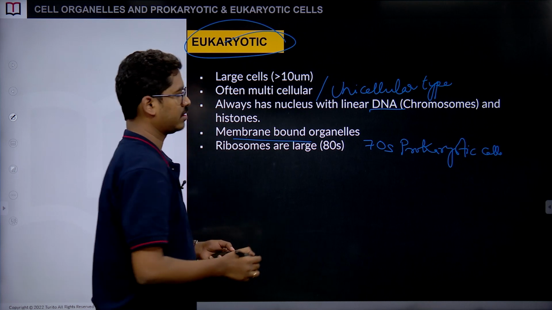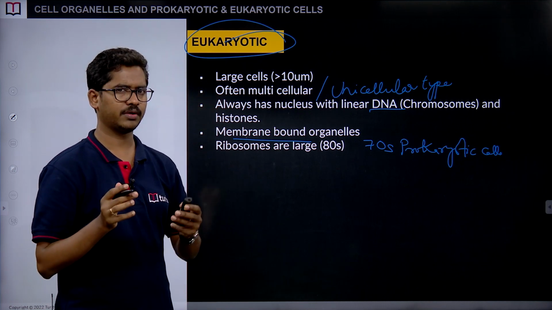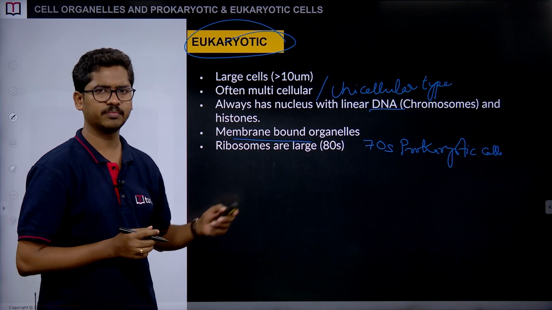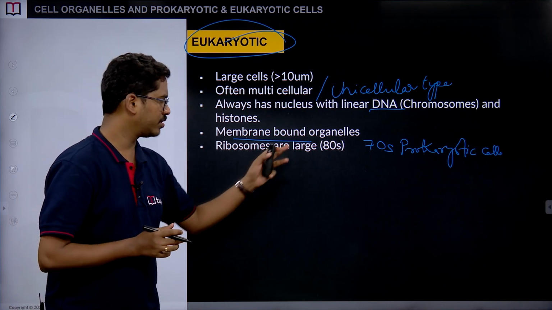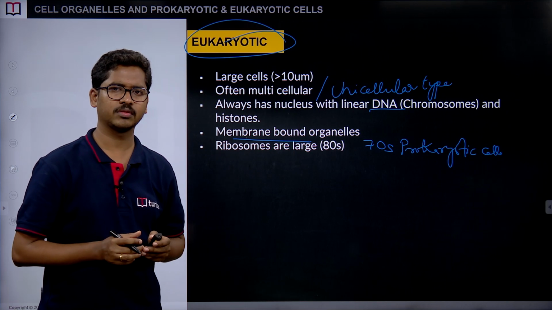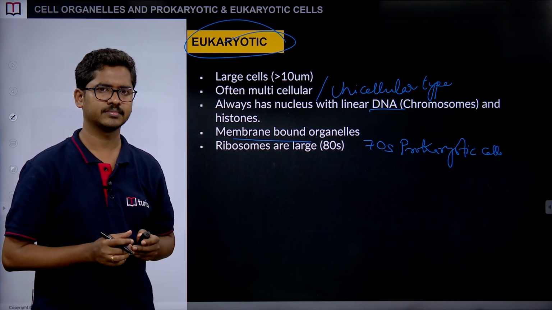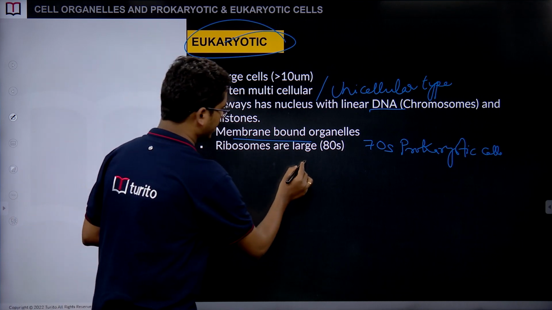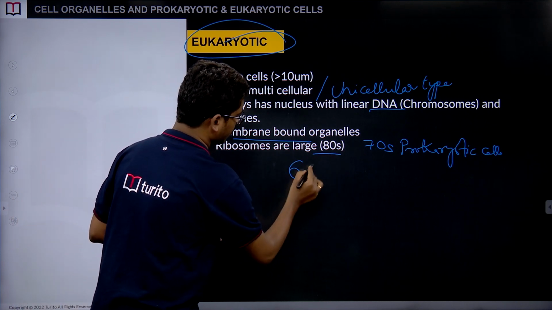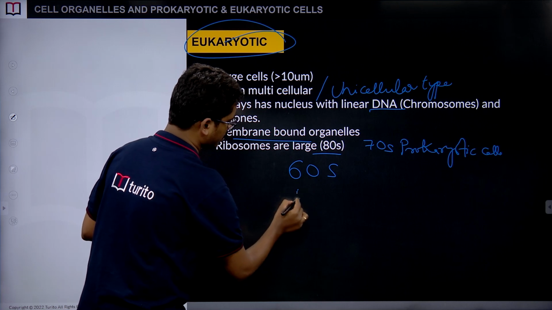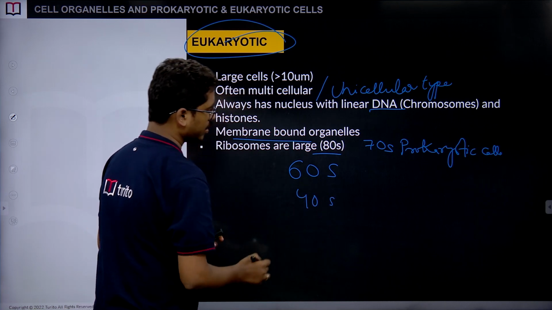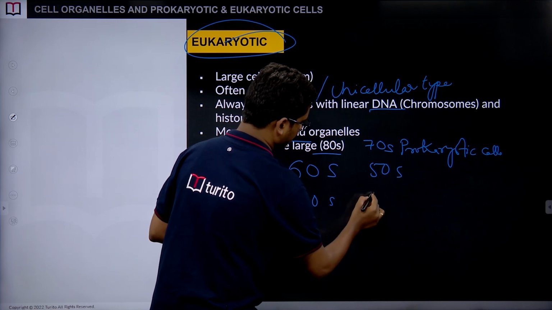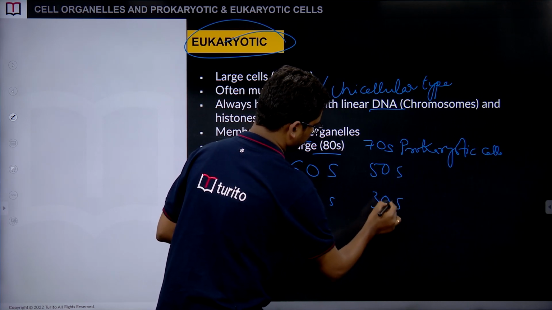Now, if you remember, when we were trying to understand the 80S and 70S types of ribosomes, can you tell me what its subunits are? That is quite simple. If you do not remember, let me tell you that 80S comes with the larger unit as 60S and the smaller as 40S. And in the prokaryotic case it was 50S and 30S.